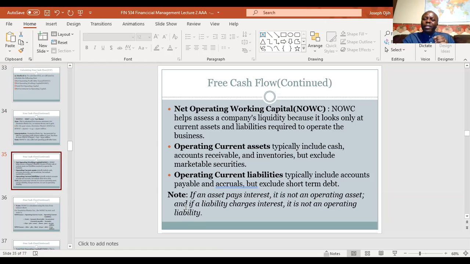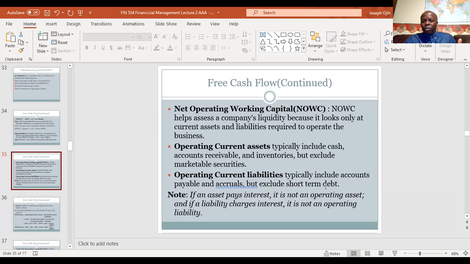But when calculating net operating working capital, we are looking at operating current assets. These include cash, accounts receivable, and inventories, but not marketable securities. Operating current liabilities include accounts payable and accruals, but not short-term debt.